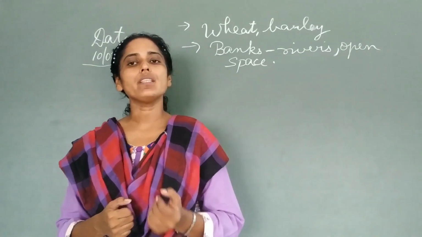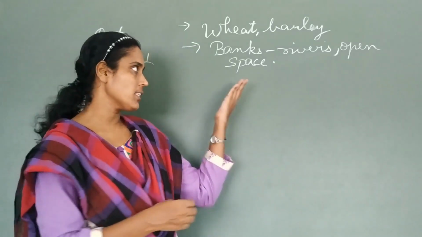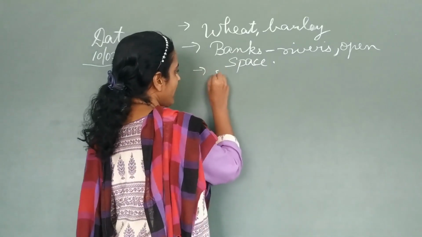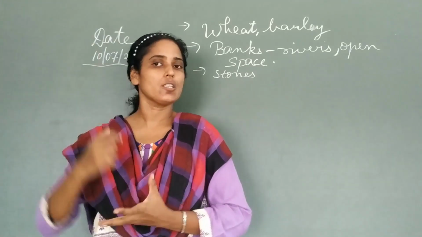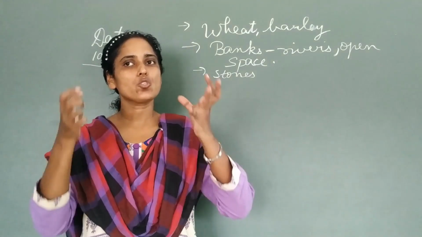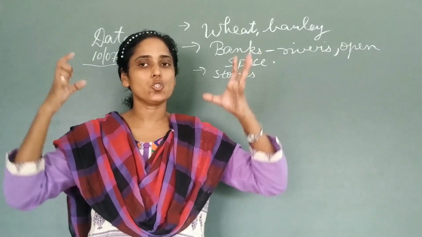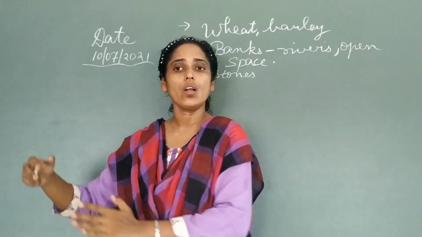Okay. Then what happens? He used stones to collect the grains. Which are the grains he grew? He used stones to collect them, okay, because tools and implements were not so modernized in those ages. So he used stones to collect them, and then he used to store those grains in big stone pots. Steel and such other things were not invented in those days.